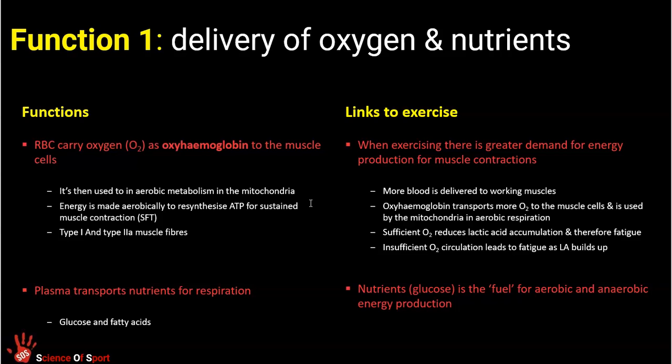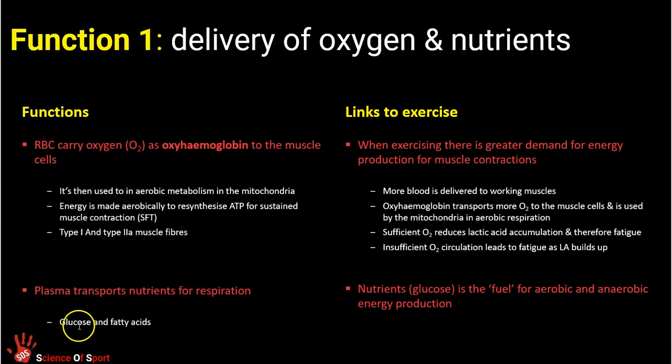The oxygen is used with, of course, glucose and other fuel sources like fatty acids. And the plasma, the watery substance of blood, is what transports these things. So remember, blood is 55% plasma and 45% solid things like red blood cells and like white blood cells and platelets.